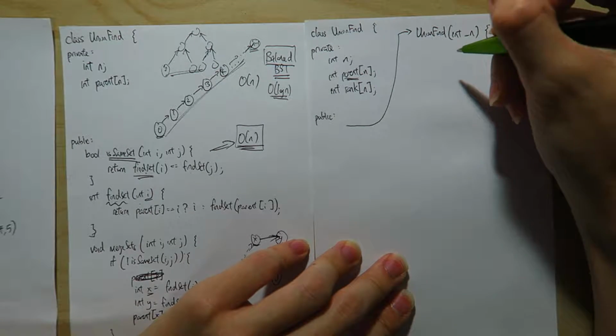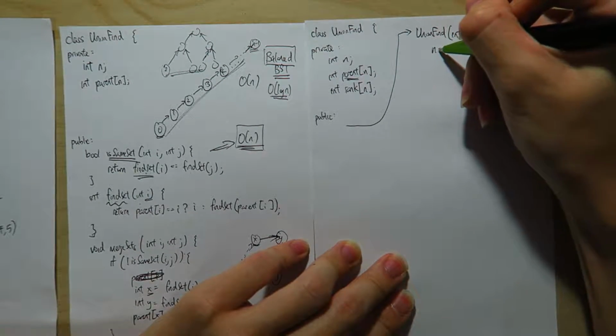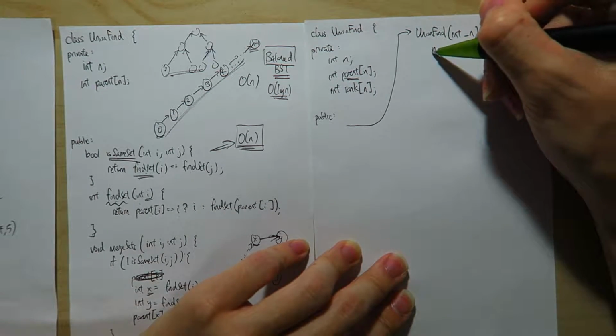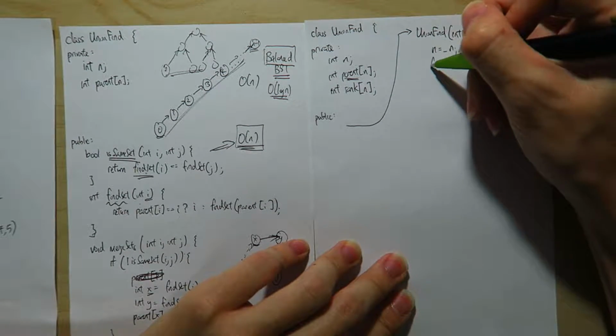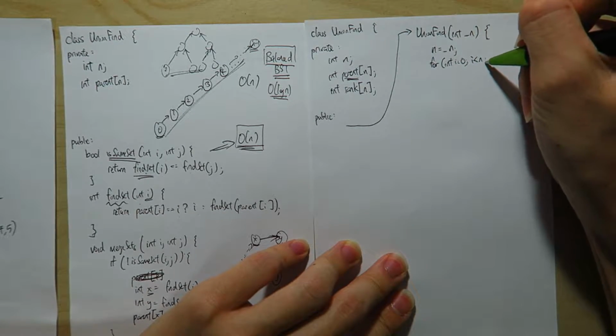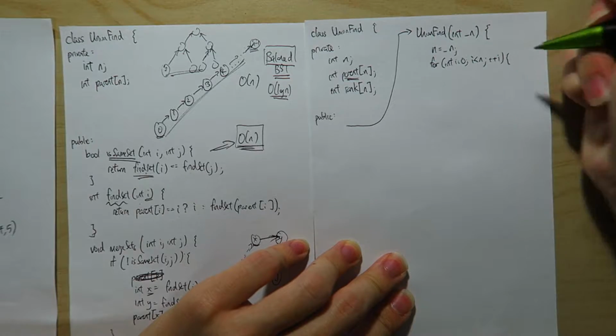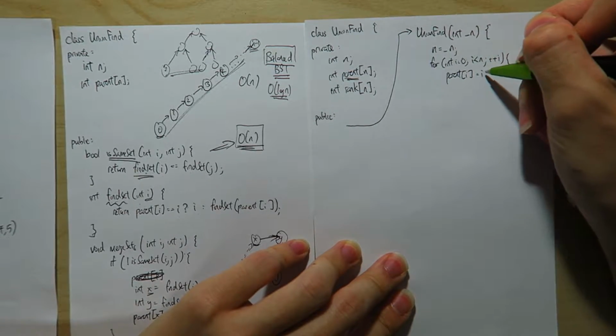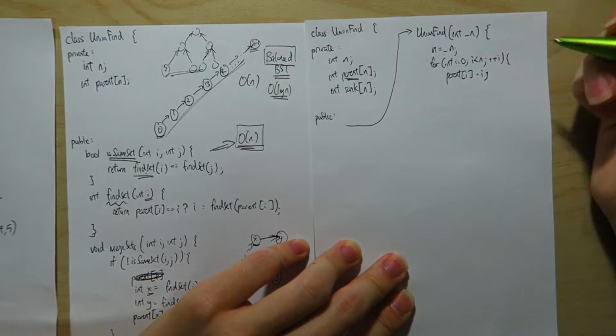You can think of the rank for now as something like a height of each element. So during our initialization phase, we'll do something like n equals _n, so that's basically just the same number of elements. And then for int i equals 0, i smaller than n, plus plus i, you're going to set parent of i equals i.